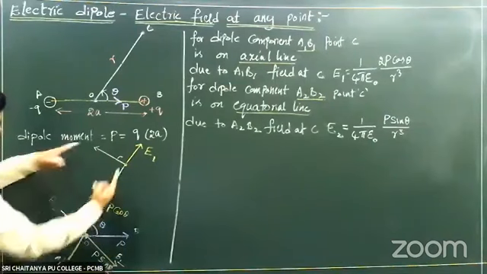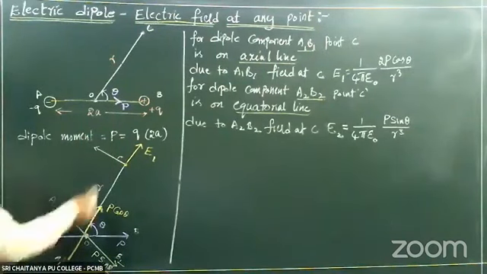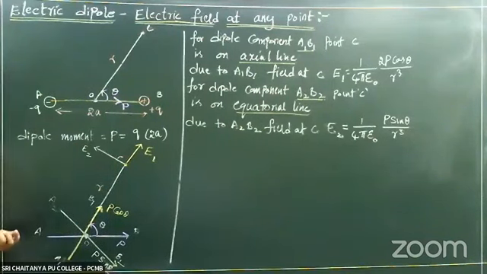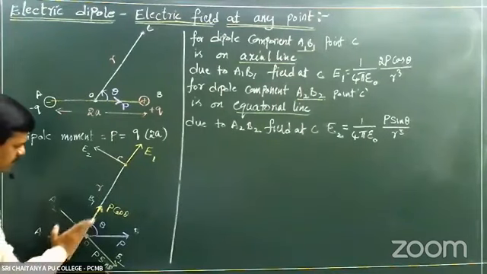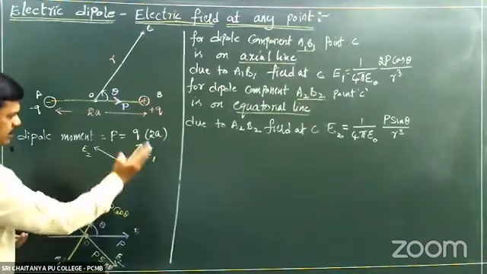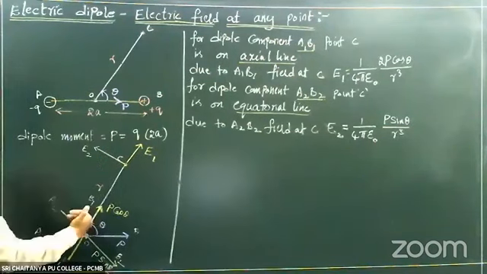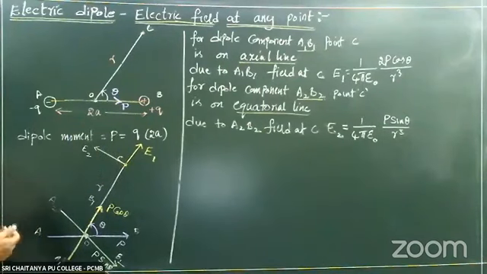This is E2 direction, right? What is the resultant? See, this is along this direction, E1. For this it is exactly anti-parallel. Parallel but opposite.